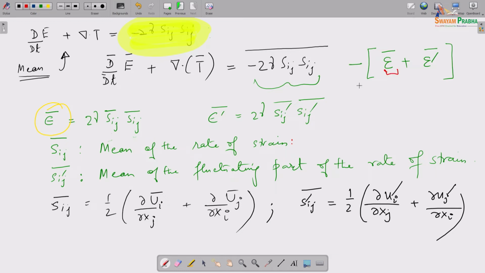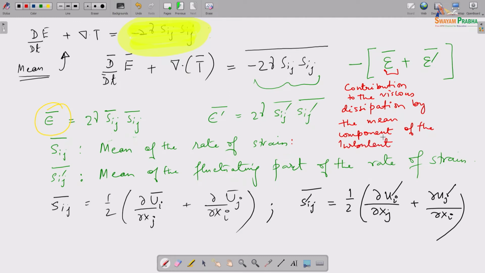So this one is essentially the contribution to the viscous dissipation by the mean part, by the mean component of the turbulent flow, right?